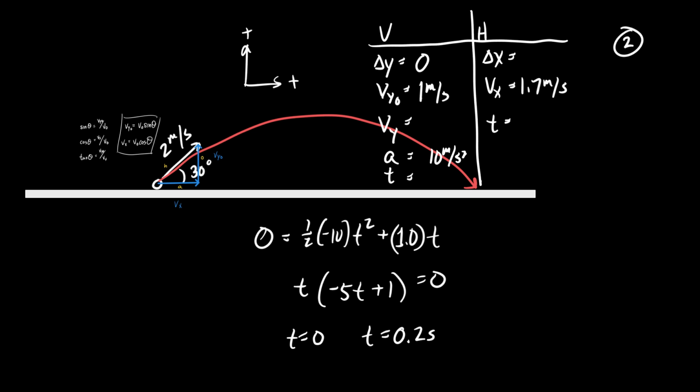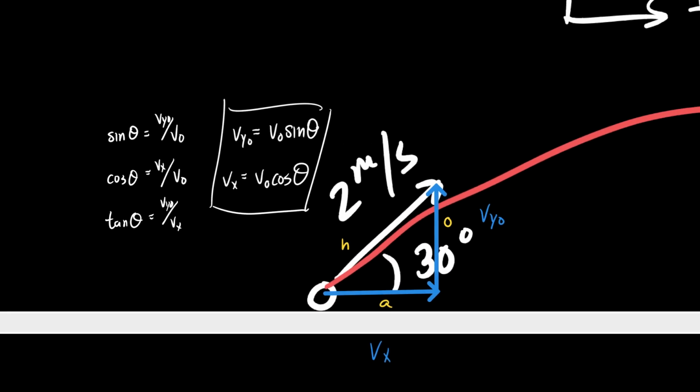Yeah. Which one? I don't see how you got the 1.7. You have a calculator? All right, so based on my triangle, Vy naught is going to be V naught 2 times the sine of 30 degrees.